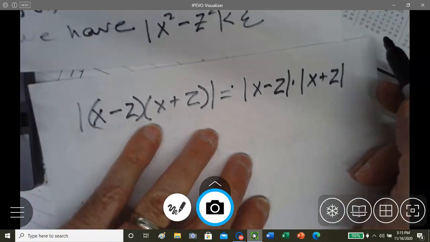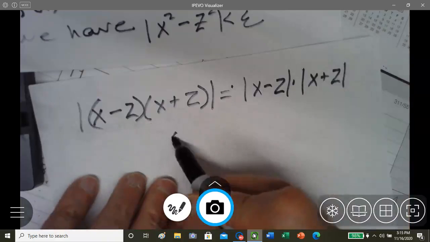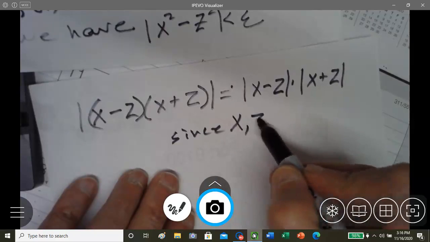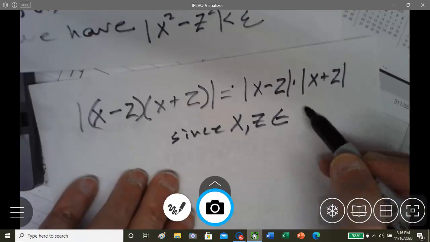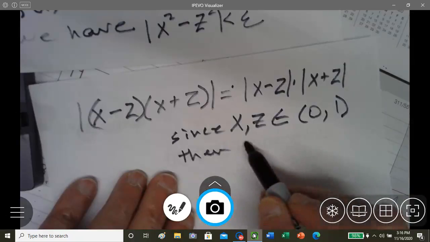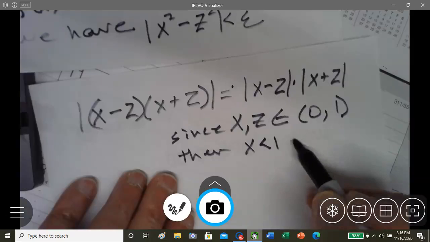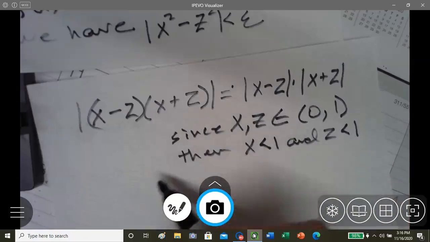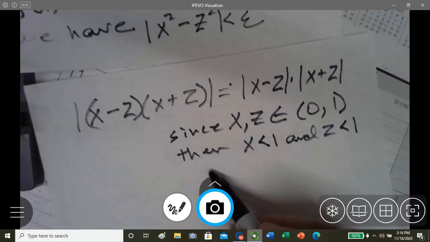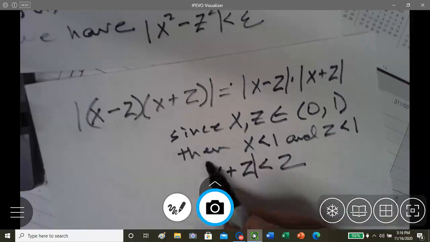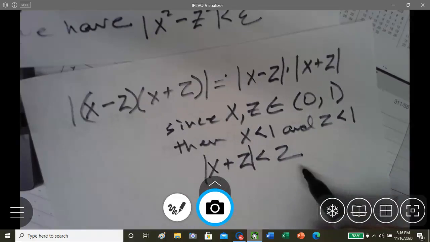And since x and z are elements of the interval from 0 to 1, then x is less than 1 and z is less than 1. So therefore, we can substitute in that the absolute value of x plus z is less than 2.